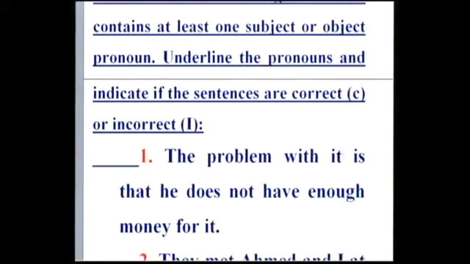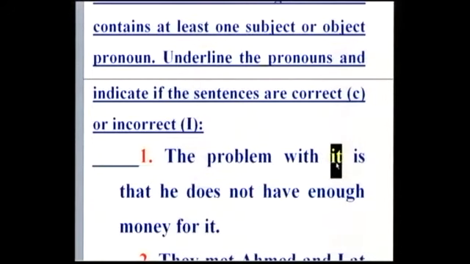طيب, the problem with it طبعا is a pronoun. طيب, is it a subject pronoun or an object pronoun? دي زي you. It and you ممكن تبقى subject و object. لكن أنا عندي هنا with. يبقى it is what?